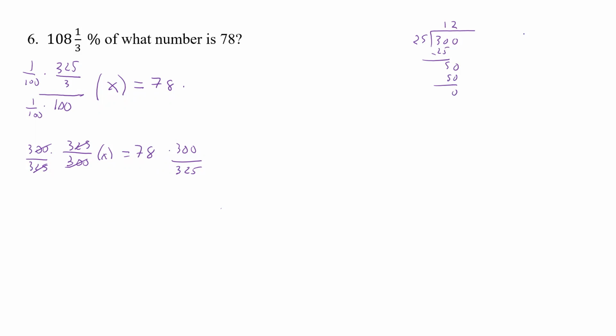So we have 12, and then we have 325 divided by 25, that's going to be 1 again. And so that's 75, and that's going to be a 3. And so that reduces to 12 over 13. So then we have x equals 78 basically over 1 times 12 over 13.